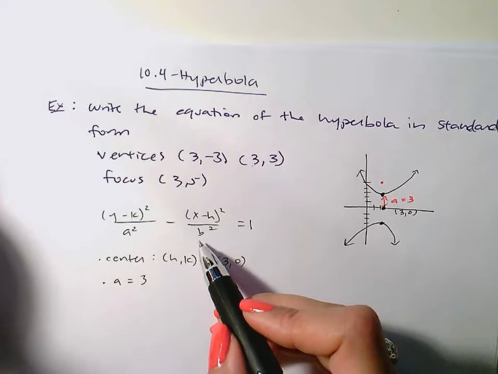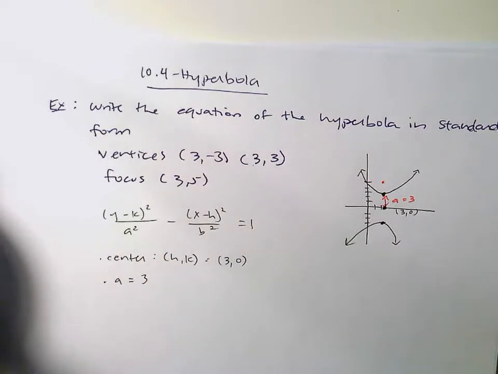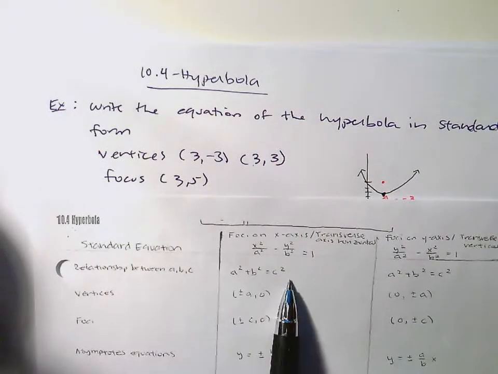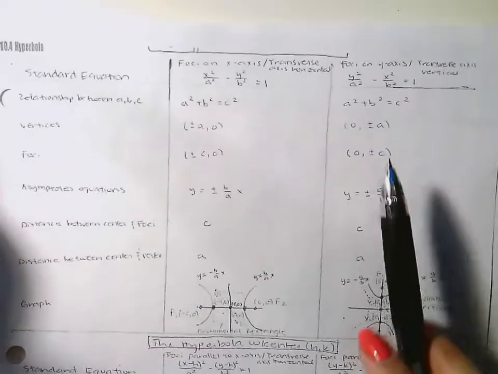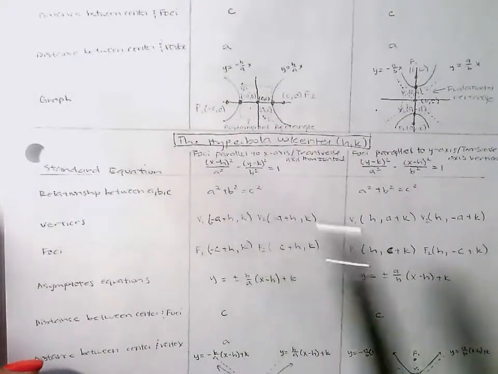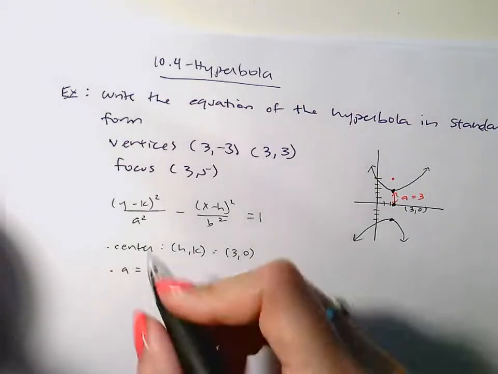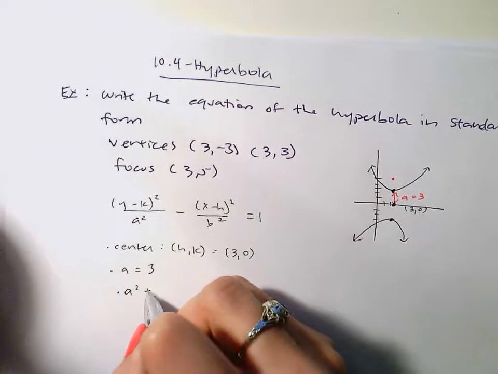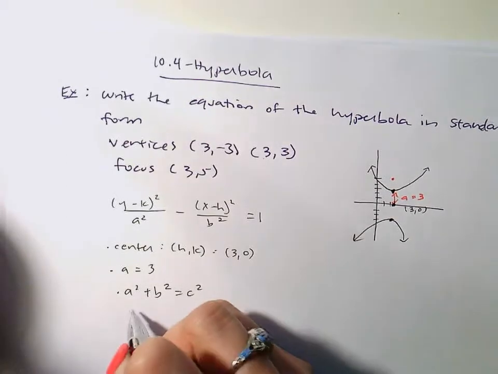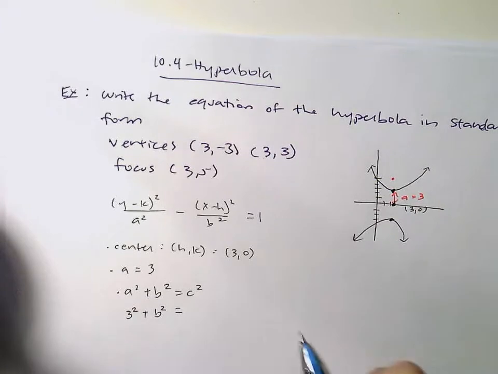In order to determine what b is equal to, because they didn't give me b, I have to use the relationship between a, b, and c, which is a squared plus b squared equals c squared. That's the same relationship whether it opens up and down or left and right. So a squared is 3 squared, plus b squared, b is unknown, equals c squared. So what is c equal to?